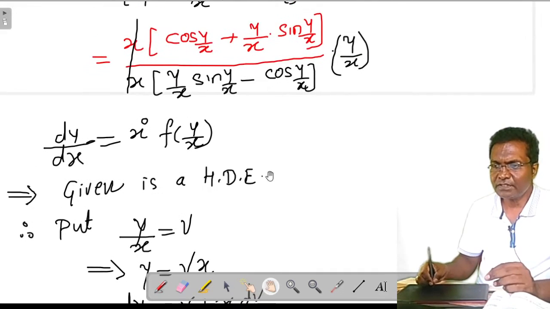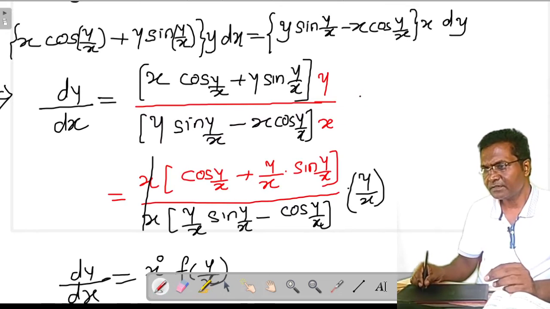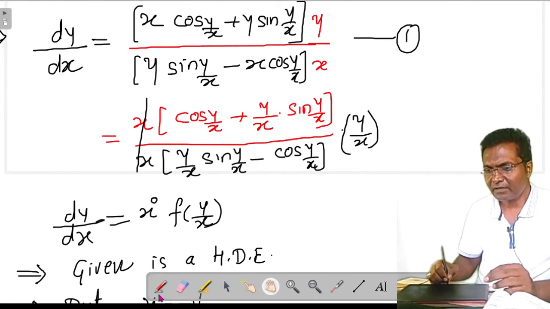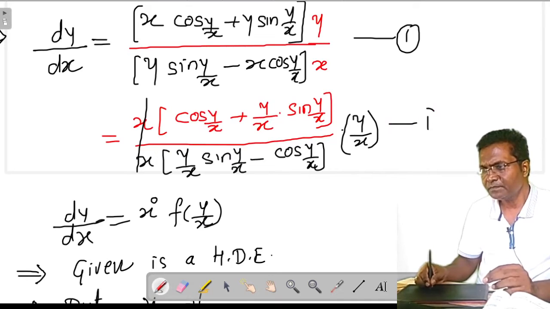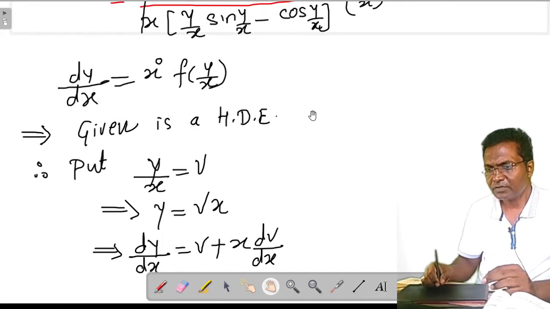So make these substitutions in this or in this, no problem. You can put y by x directly as v. If I call it equation one, better you make these substitutions in this. So let me write it.